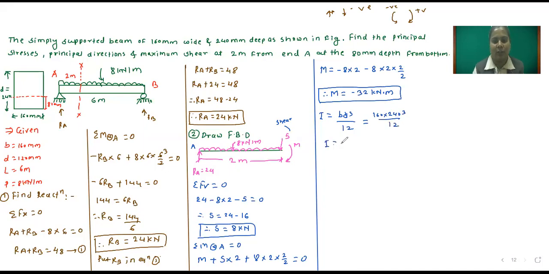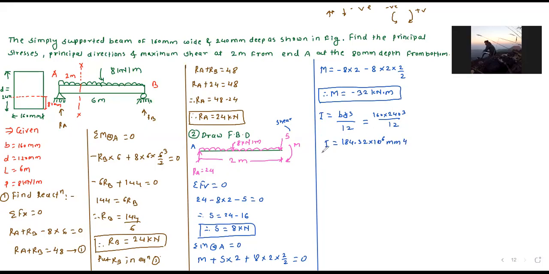So I is equal to 184.32 into 10 raised to 6 mm raised to 4. So this is the moment of inertia.